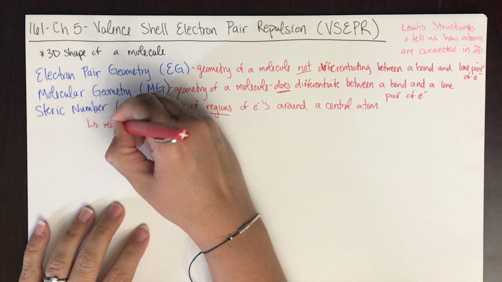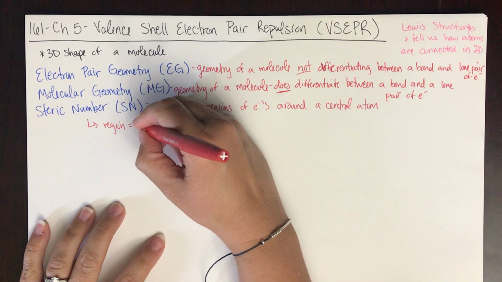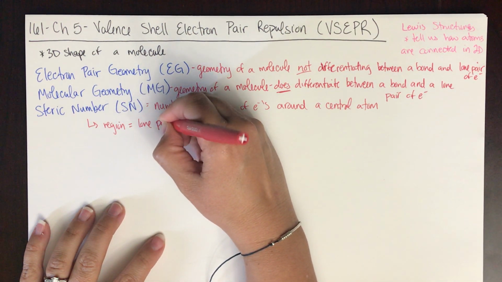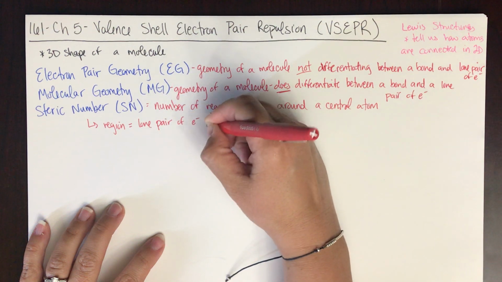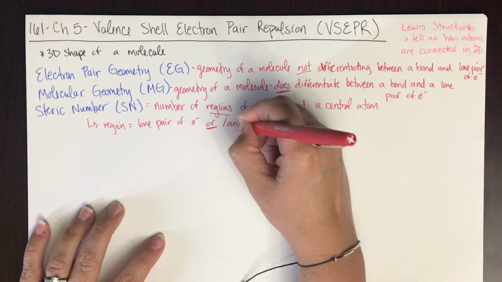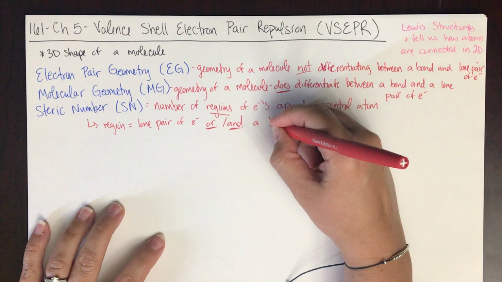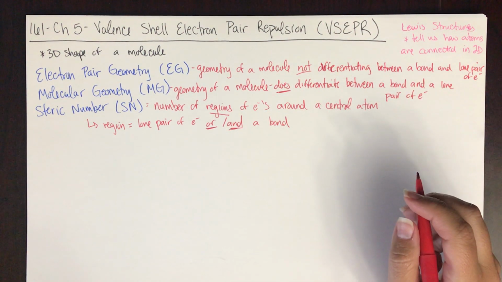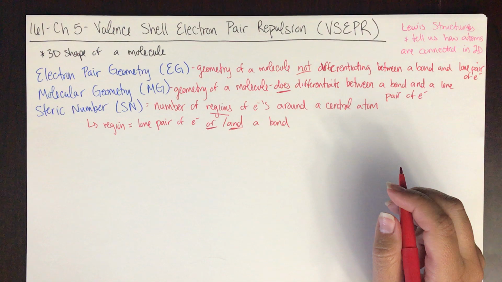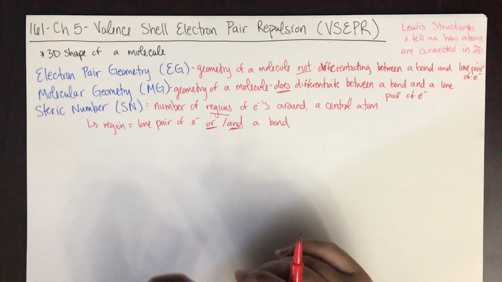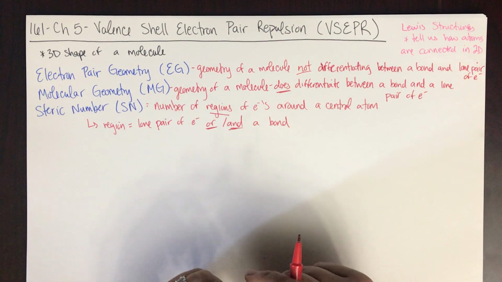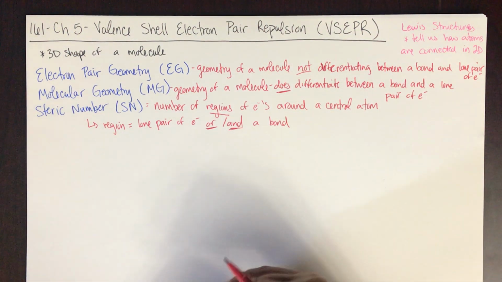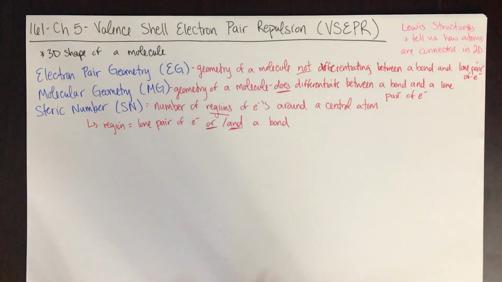A region can equal a lone pair of electrons or a bond. So any bond represents a region. So a single bond, a double bond, and a triple bond, those would all just be one region of electrons. So this is some terminology that you need to be comfortable with as we start talking about molecular geometry.